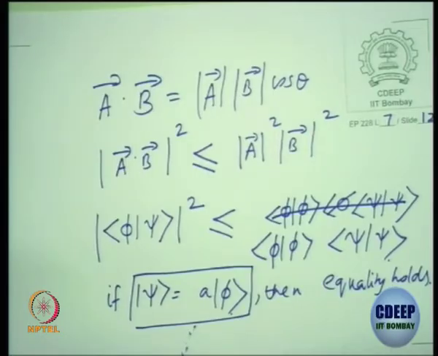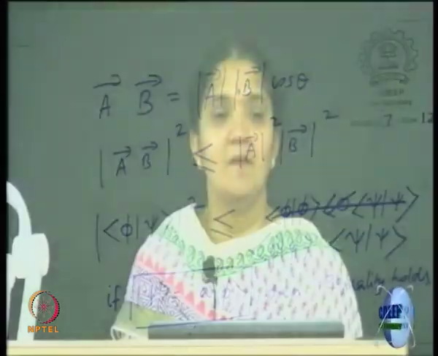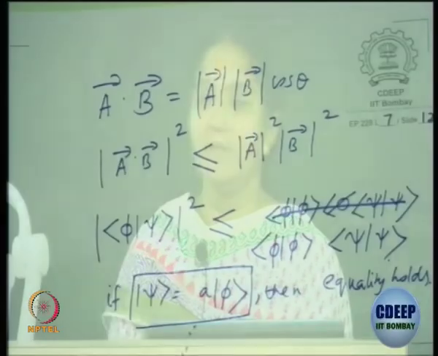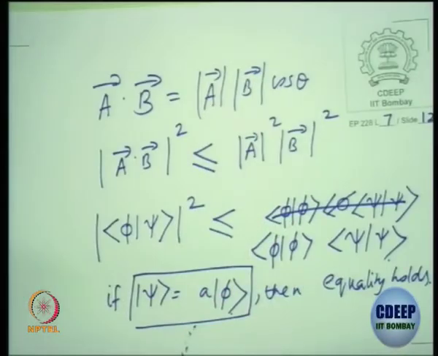If psi is some linear multiple of phi, then psi and phi are linearly dependent, or in the language of your vectors, they will all be collinear, they will all be in the same line, or you do not need a different, it is the same, it is linearly dependent.